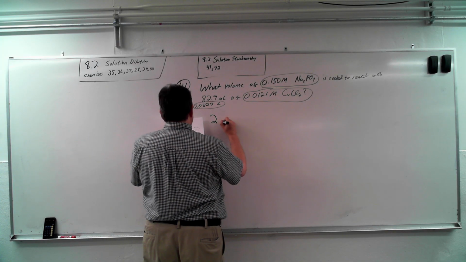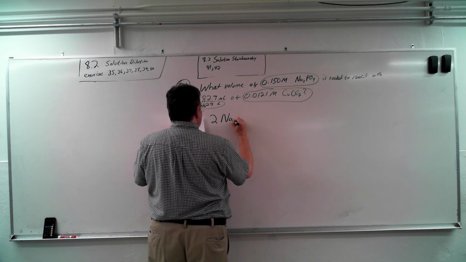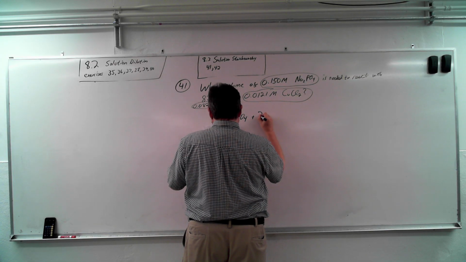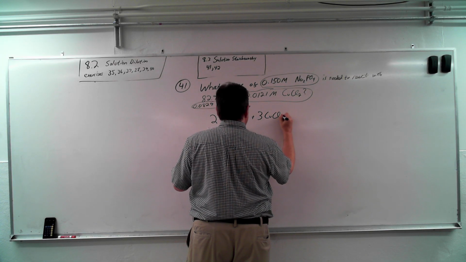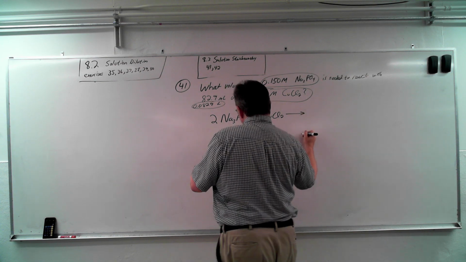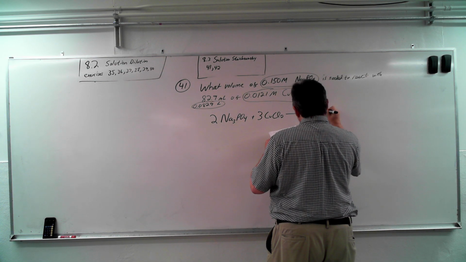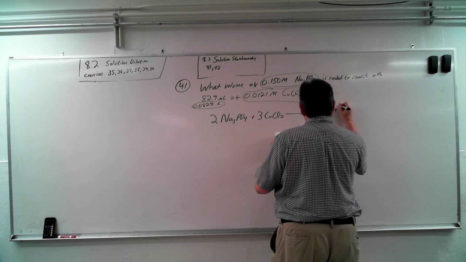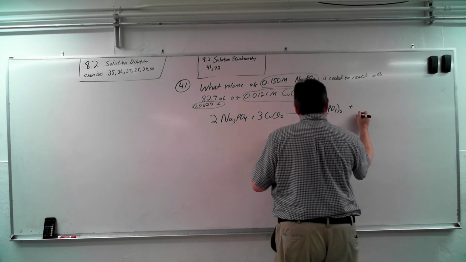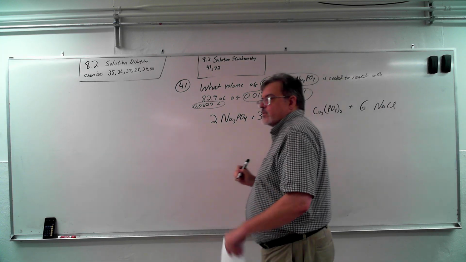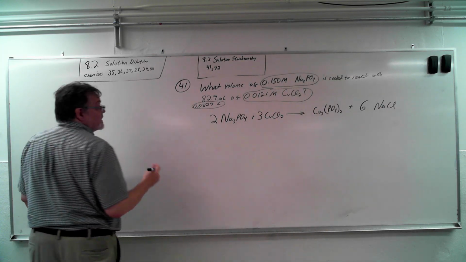You'll be given the balanced reaction: 2 Na3PO4 plus 3 CuCl2 gives 1 Cu3(PO4)2 plus 6 NaCl. There's the reaction.